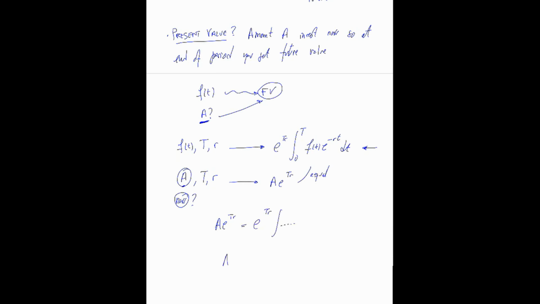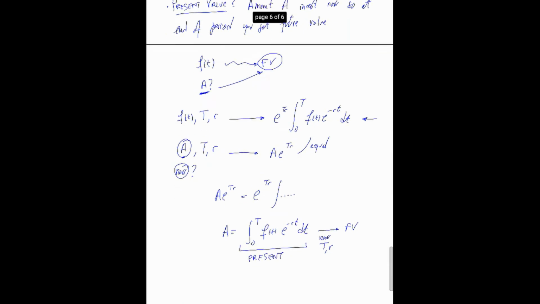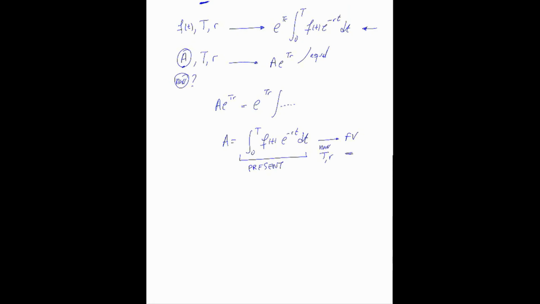So if A is equal to the integral from 0 to t of f of t e to the minus rt dt, and I invest this amount now for t years continuously compounded at r, I get the future value. And this amount here is called the present value. It means how much money I have to invest now to get this in the future.